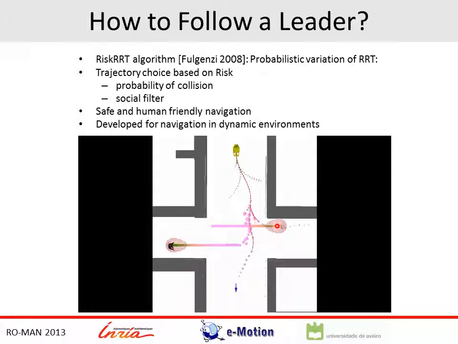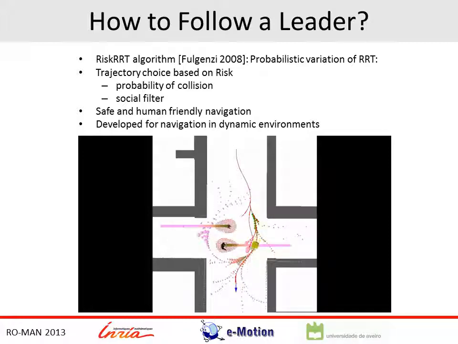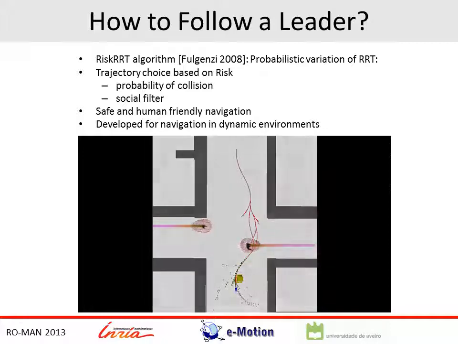This line in front of them is the prediction of their movement. The algorithm managed to successfully predict a path that avoids the collision with both persons in this situation, reducing the risk and respecting the social conventions.